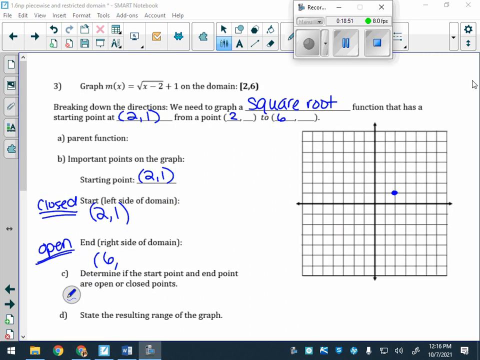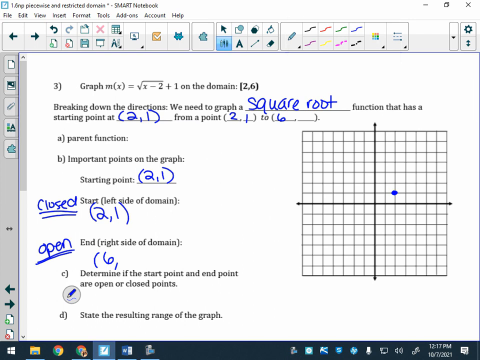So the first one is square root. Our starting point is 2, 1. It's also our first point of our domain, and it's a closed circle. How about 6? What is our corresponding y value? Yeah, 3, which is going to be open.